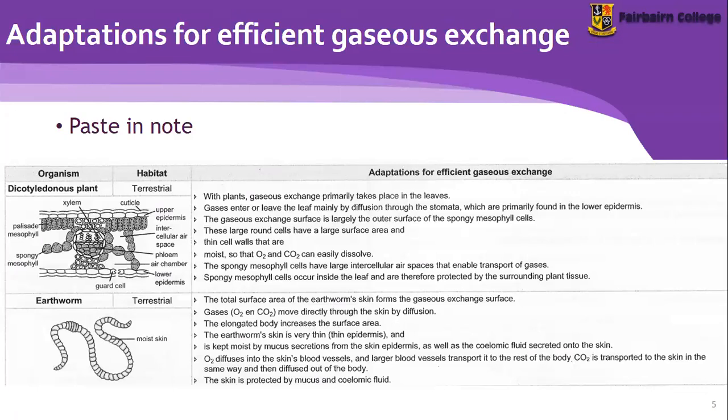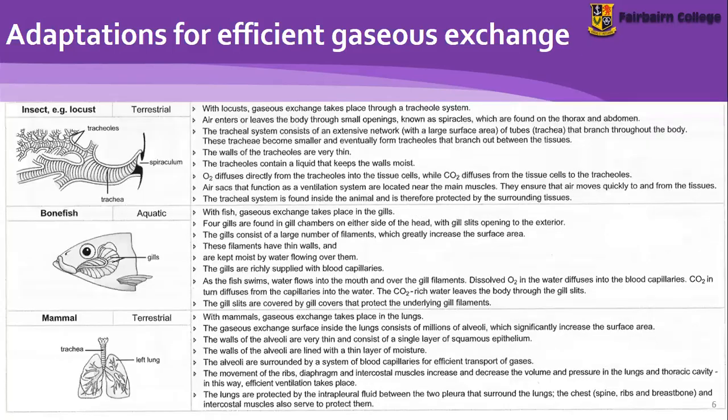So we look at the leaf, which we looked at in grade 10 as well. We also look at the earthworm, insects in general, fish, and then mammals. But like I said, you can cross this out. You don't need to know it for this year. You're welcome, obviously, to read through it, but we're not going to spend time on it now.